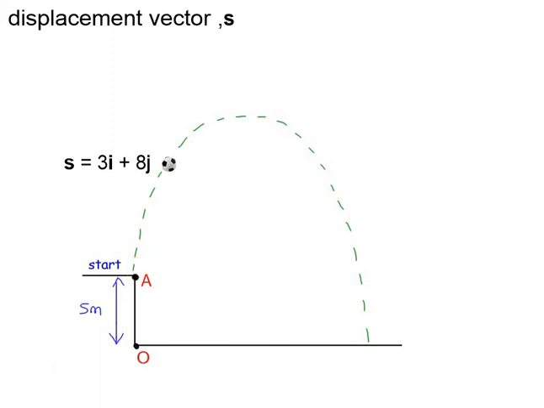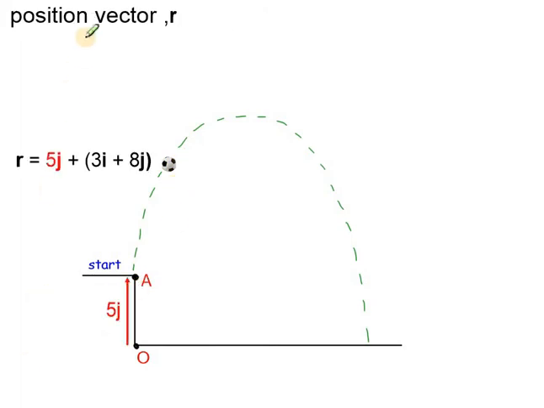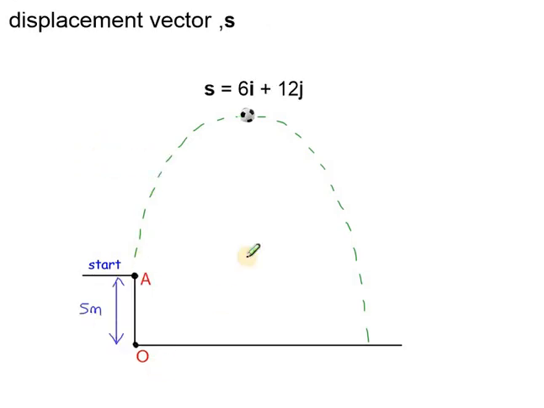We want to work out the position vector for the ball at this point. The position vector of the ball here is a combination of the initial position of the ball, which was 5j meters, plus the displacement from point A. At this point, the displacement vector for the ball is 6i plus 12j meters.